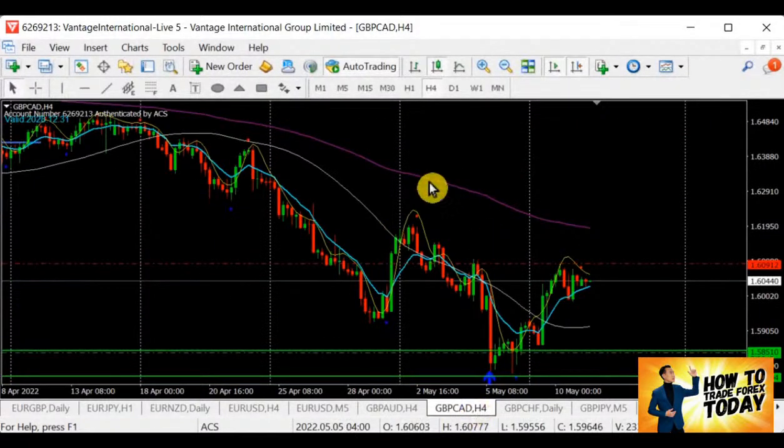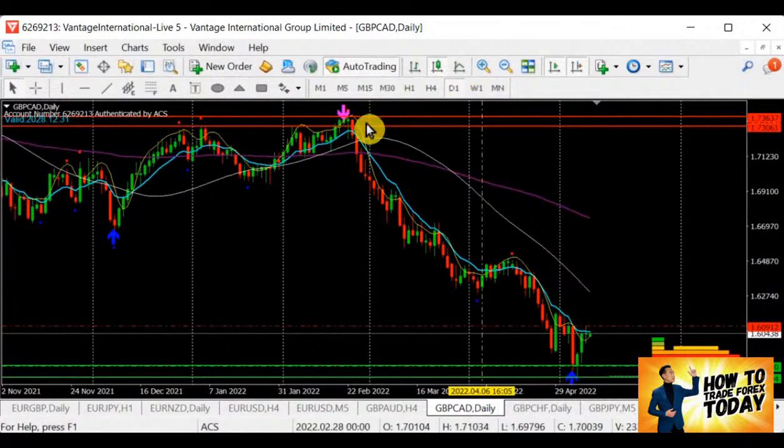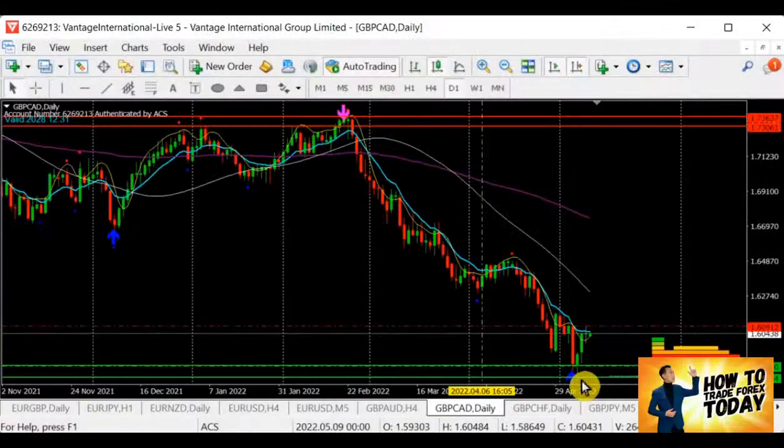All right, AUDCAD. Let's take a look at AUDCAD. As we can see, same thing. The bear has actually gone into the bull zone. Now it's in the transition area as well. Is it good for us to sell or is it good for us to buy?